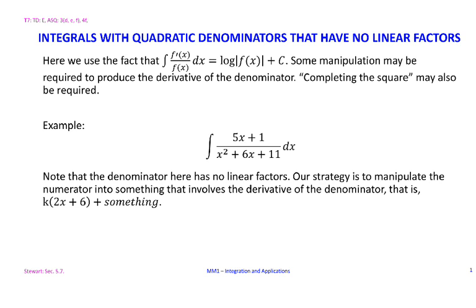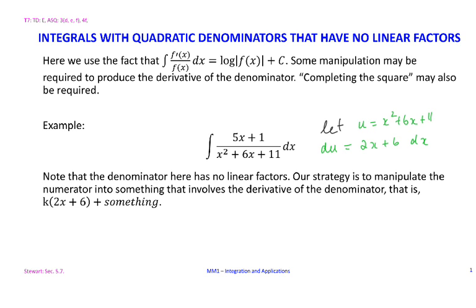So if we look here, and we let u, now I prefer green or any contrast color to black, let u equal x squared plus 6x plus 11, du is 2x plus 6 dx.